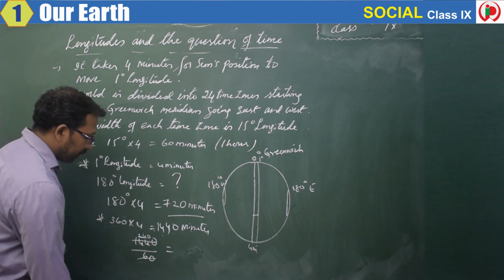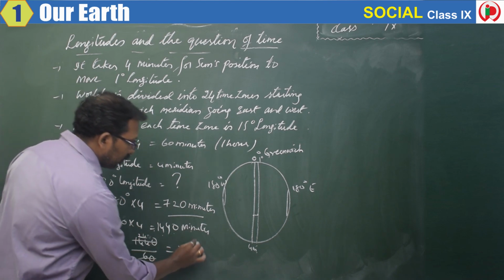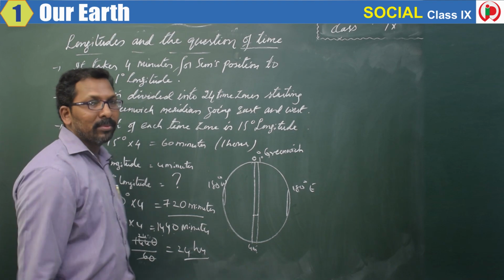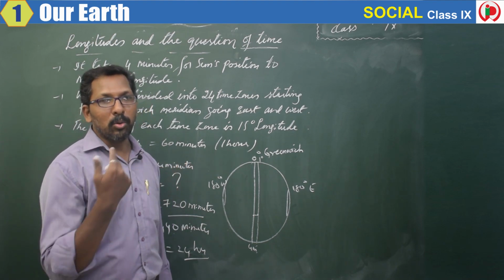So 24 hours. The earth takes 24 hours for one rotation.